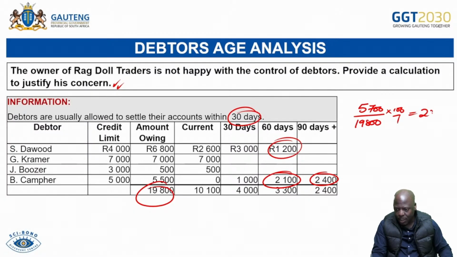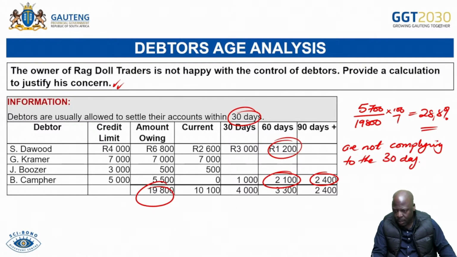That simply means 28.8% of these debtors are not complying to the 30 days credit terms. This is why you will be concerned.